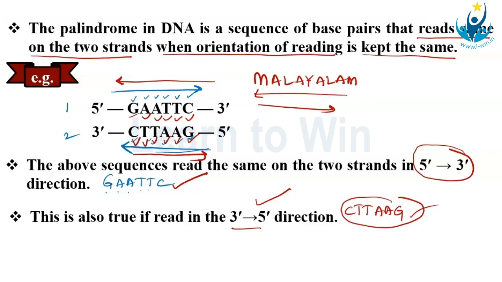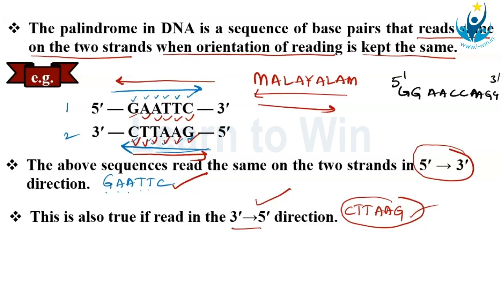Now this is for a double-stranded sequence. If the DNA molecule is single-stranded, then the palindrome will be like this. Sorry, it will be like this. Right?